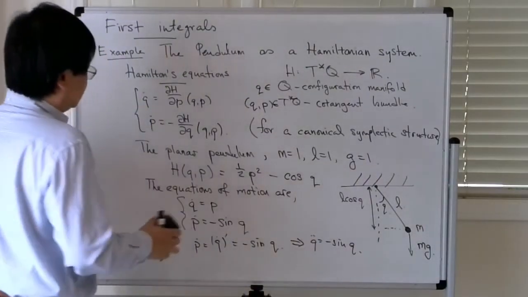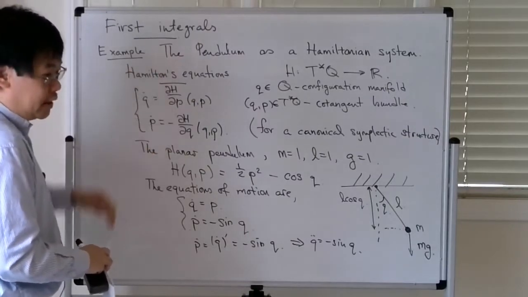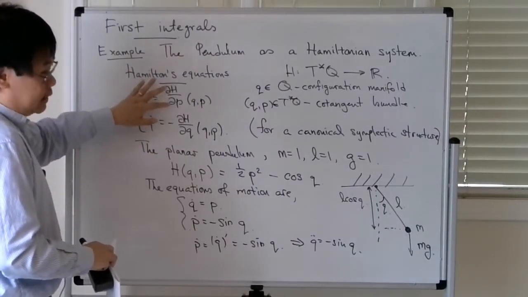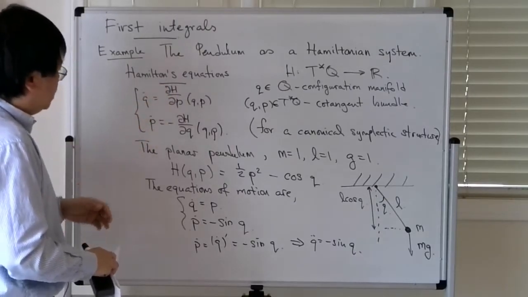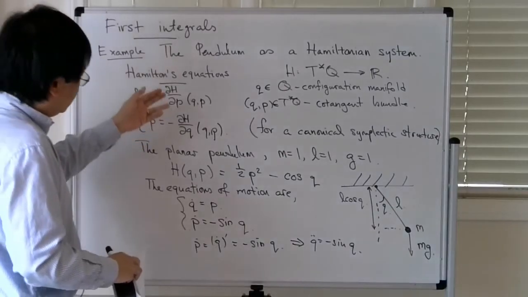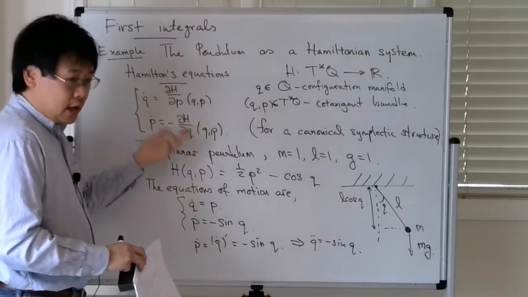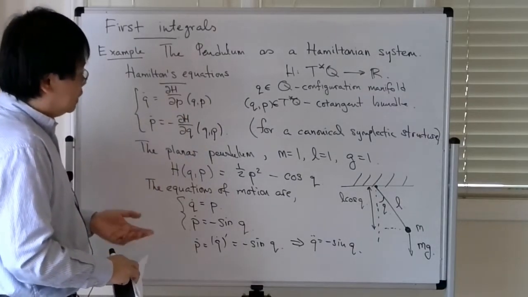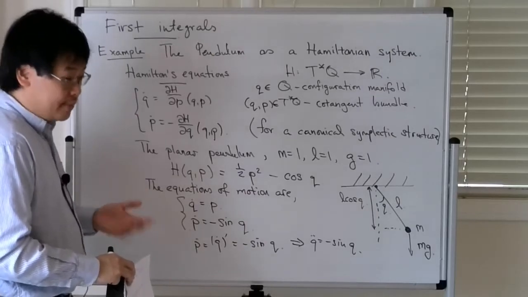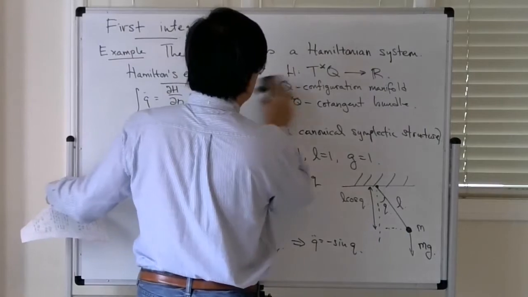One thing you'll find is that in general, if you have a Hamiltonian system, as long as the Hamiltonian is independent of time, put another way, the only dependence of the Hamiltonian on time comes from the time dependence of the position and momentum, but there's no explicit time dependence, then there is a conserved quantity, which is the Hamiltonian itself. So let's try to see that.